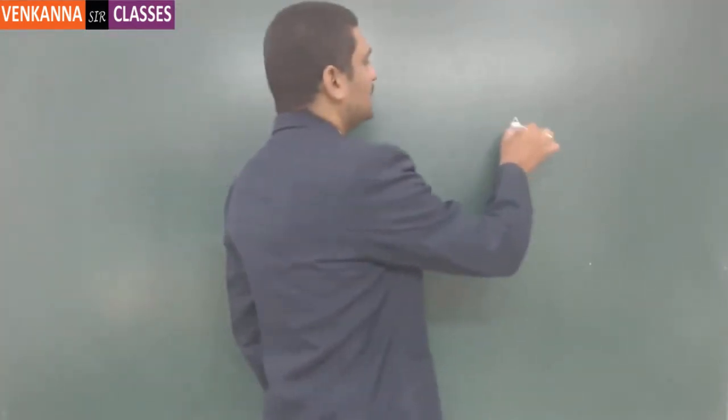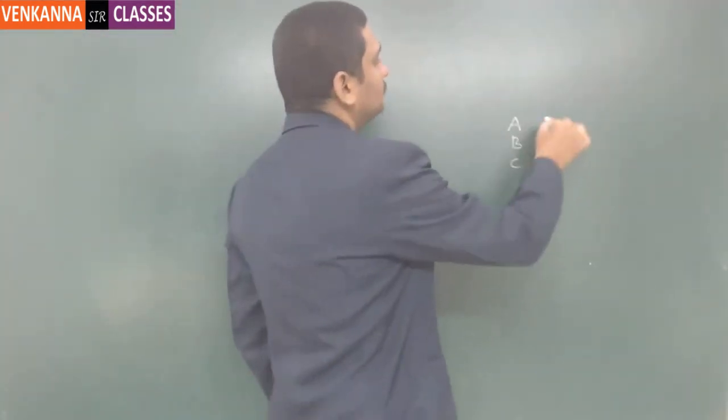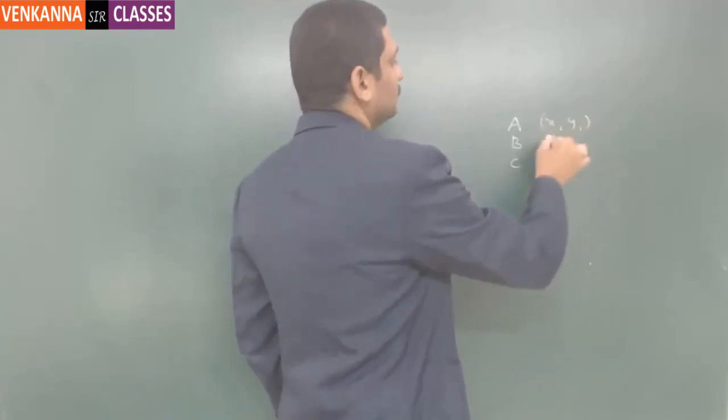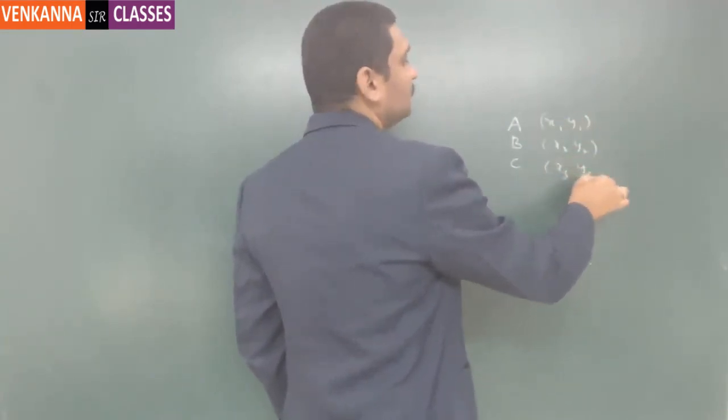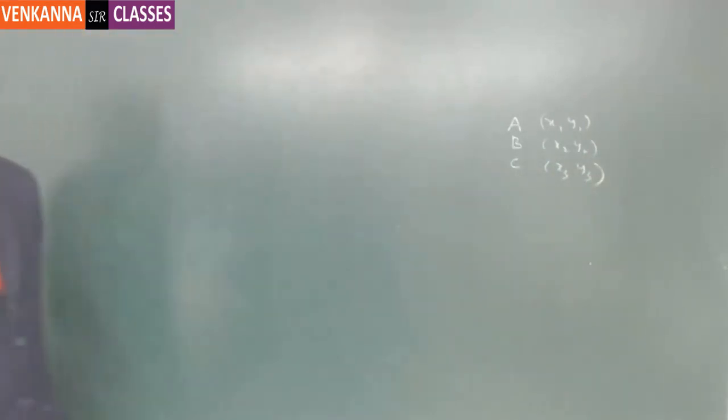Earlier in two-dimensional geometry, if we have taken the vertices of a triangle (x1, y1), (x2, y2), (x3, y3), I think we have a formula for calculating the area of a triangle, right?